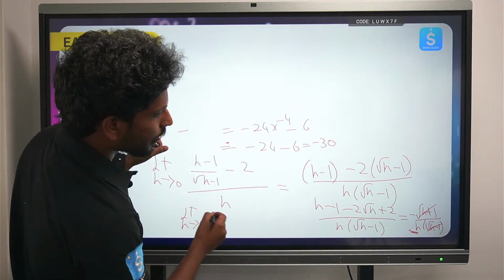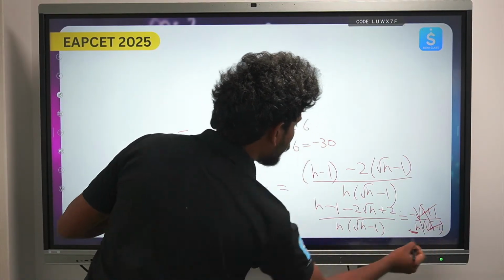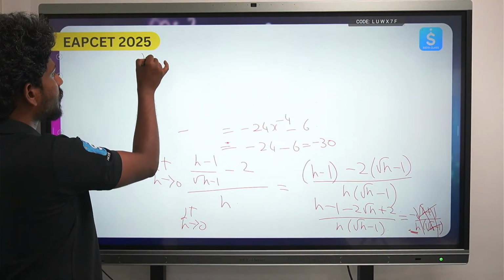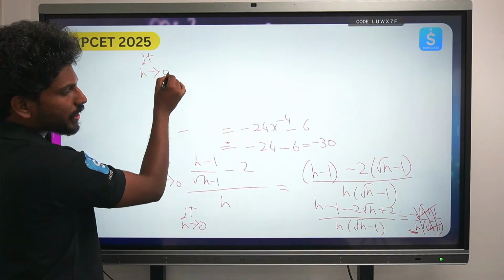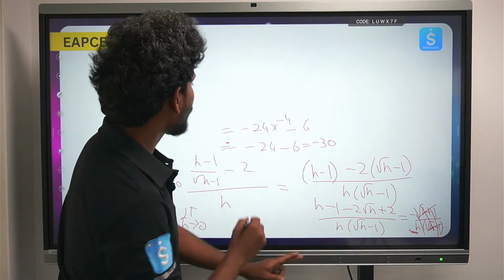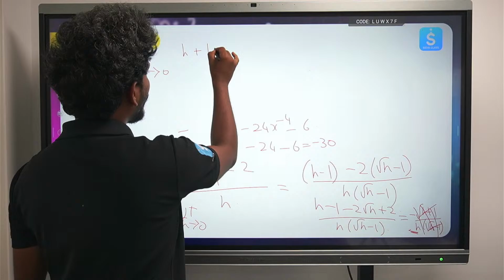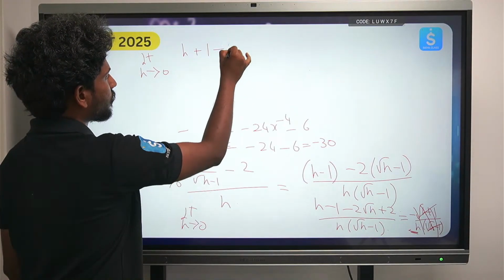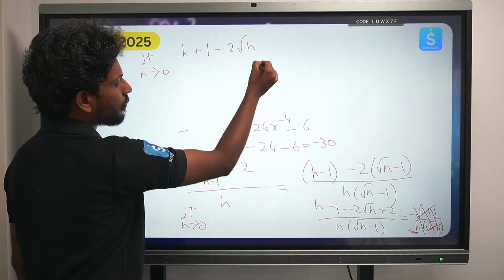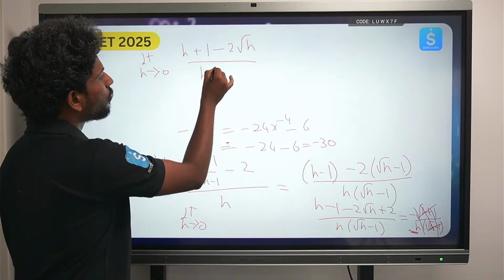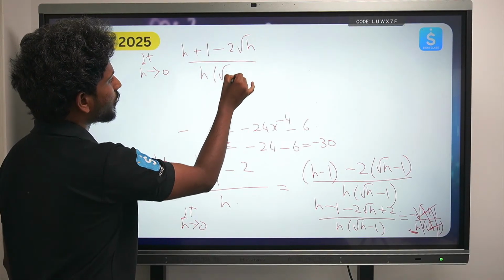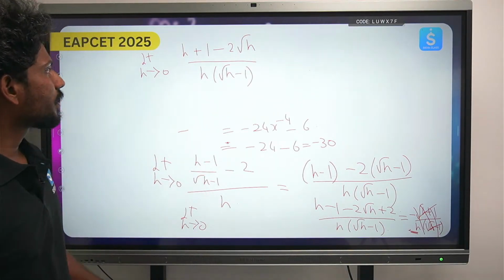Okay, so now let's try to see this case. So this will become limit h tends to 0, h plus 2 minus 1 is how much? 1. So h plus 1 minus 2 root h by h into root h minus 1.